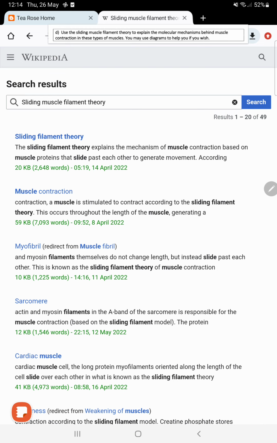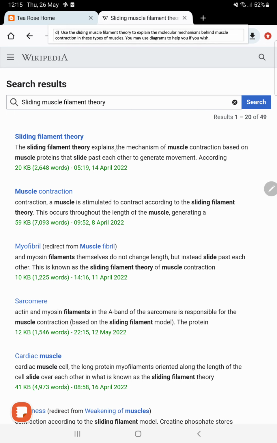Oh, there we go. So, there are a few of them. So, muscle contraction and sliding filament theory. Muscle contraction is fabulous. It's probably going to talk about how. Sliding filament theory is going to give us what. Now, we could open these. They're both done in April 2022, so they're very modern, which is great.